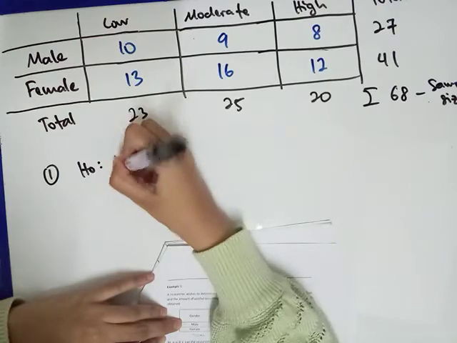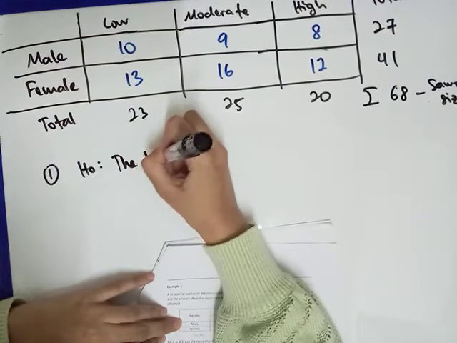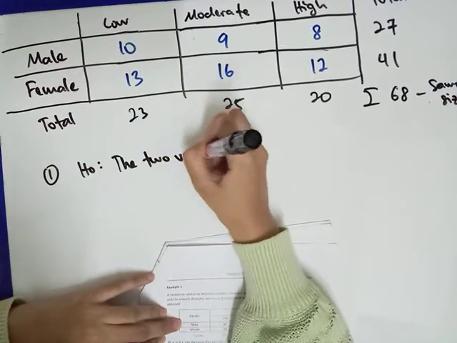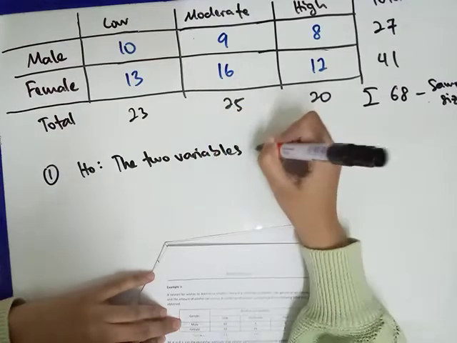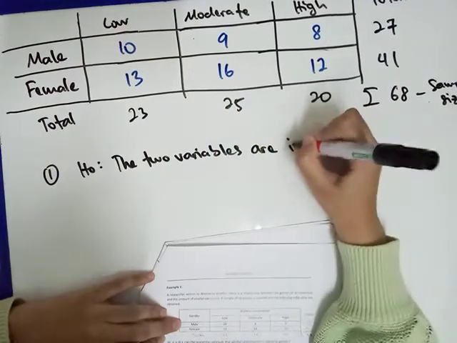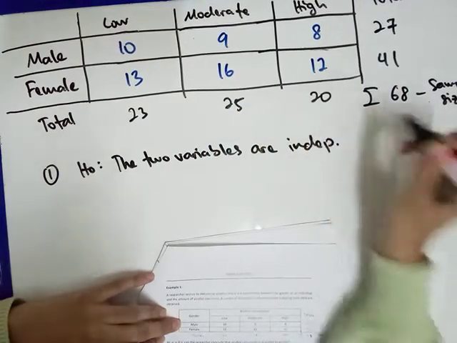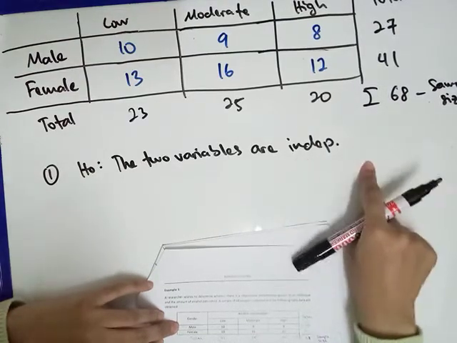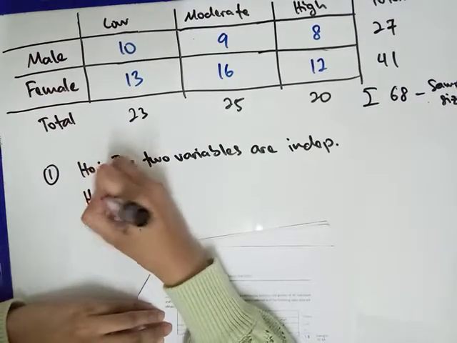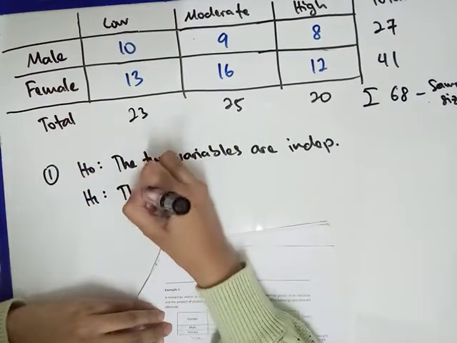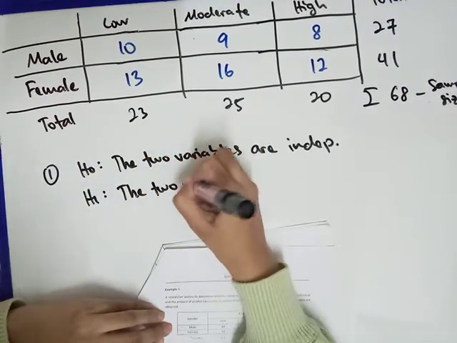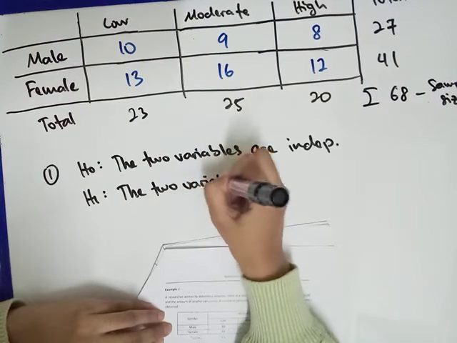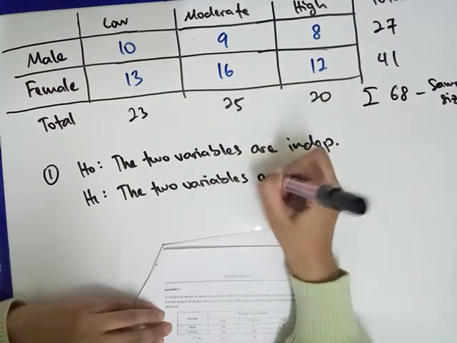The two variables are independent. Here I use short form, but you should write it in full. And for H1, the two variables are dependent.